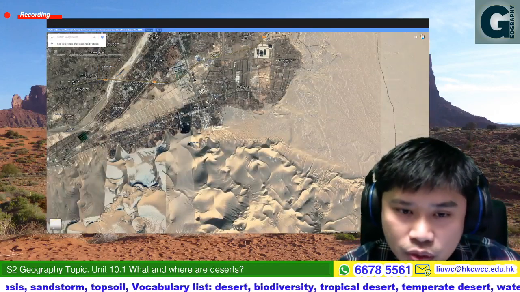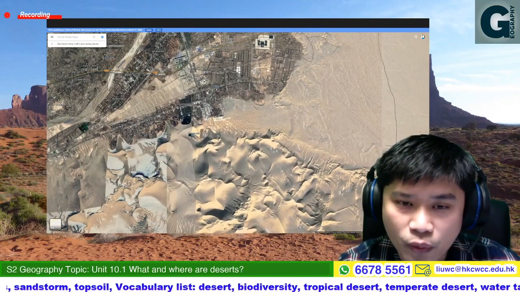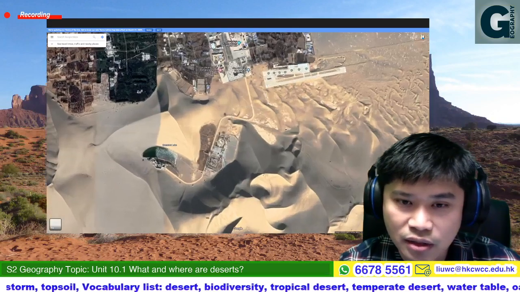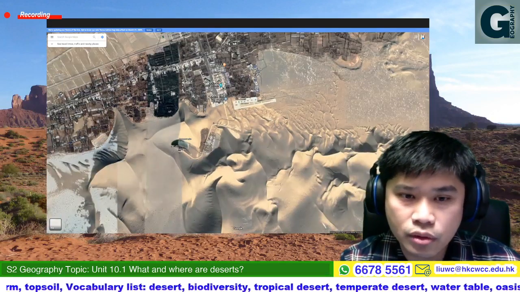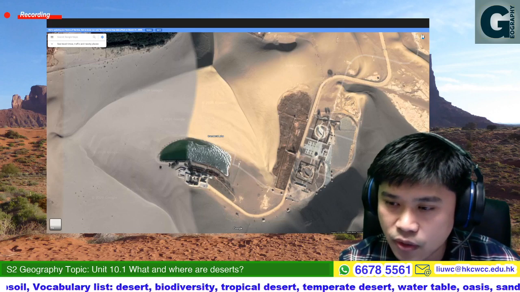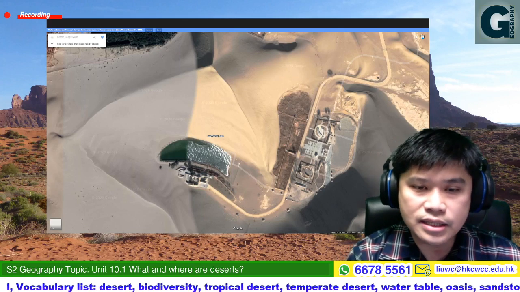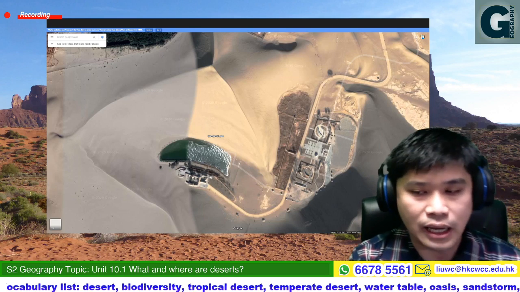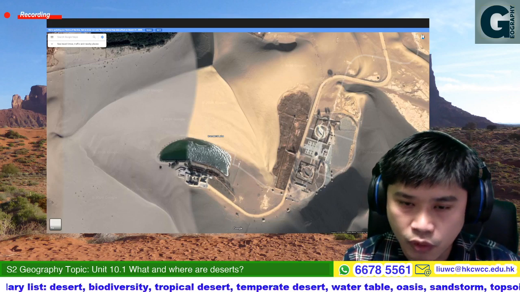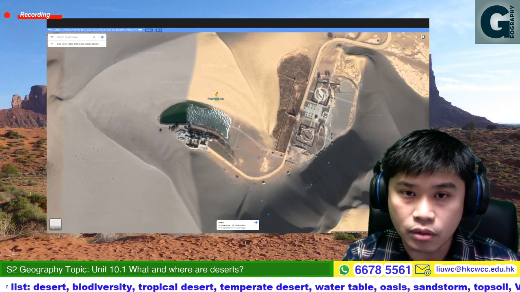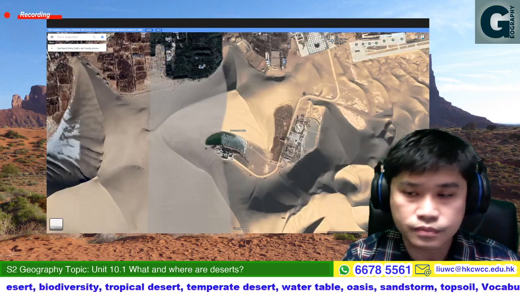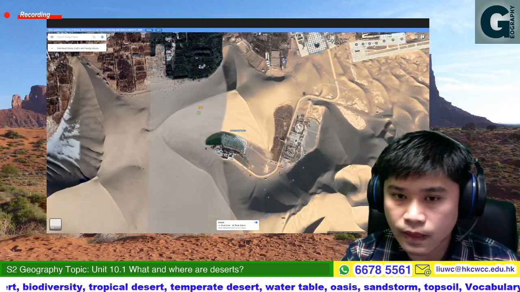Okay, let me show you one of the famous oases, or the famous scenic spots in Dunhuang. If you go to this scenic spot, in Chinese it's called 鸣沙山月牙泉. It is one of the famous scenic spots in Dunhuang. Let's have a look.